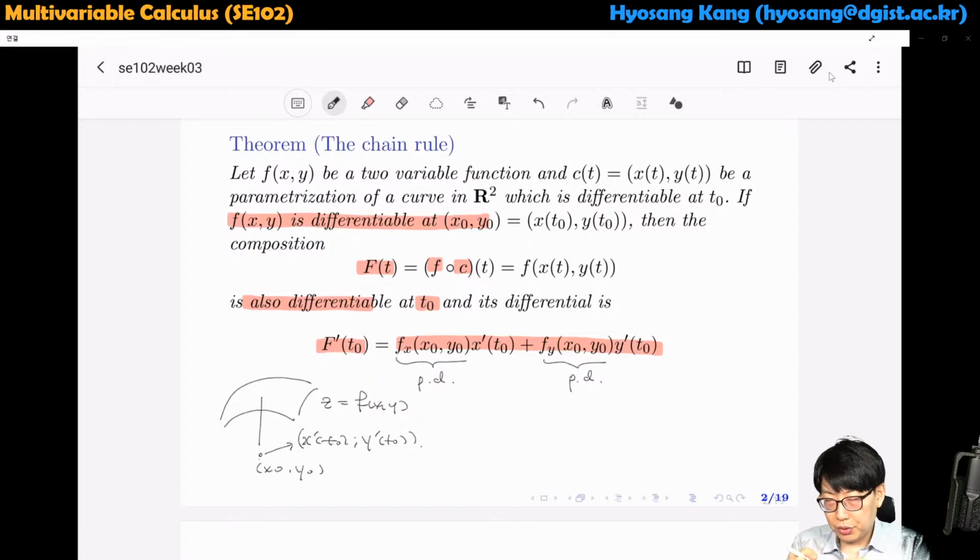So in a very short time, I want to move my point (x0, y0) in this direction, which is c prime t0.